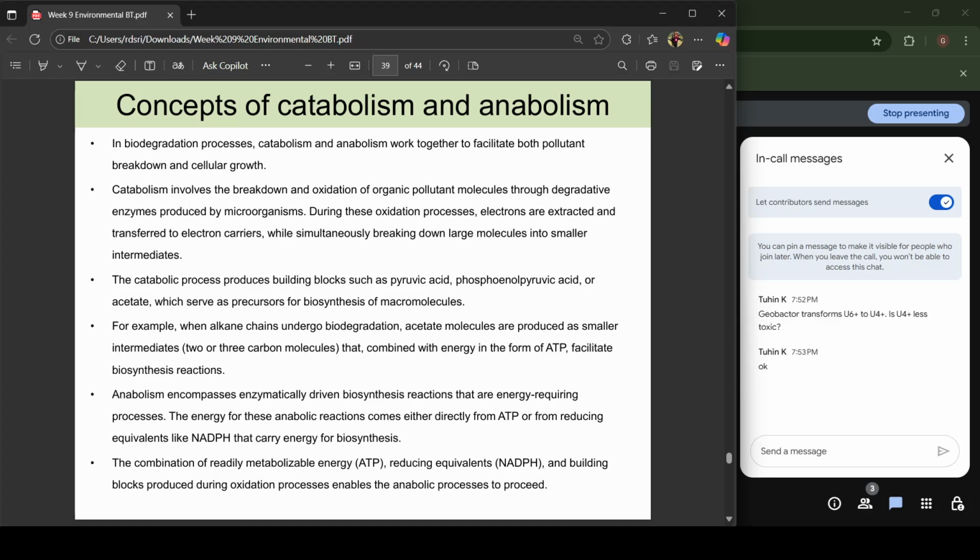We can also produce acetate, which can serve as a precursor for macromolecule biosynthesis. In case of anabolism, they are energy-requiring reactions. So catabolism, ideally when we are breaking down, energy will be released. So they are energy-synthesizing reactions. In case of anabolism, it is energy intensive. The energy that was produced during catabolism can be used during anabolism to build up cellular components.